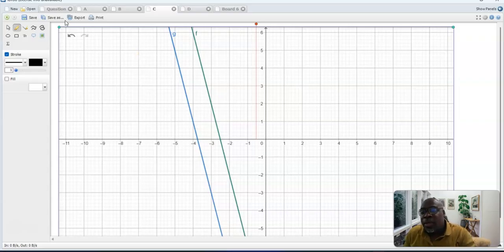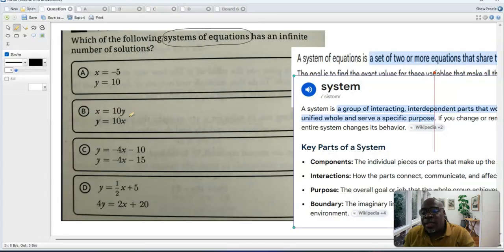Let's go back to what the question asks us. The question asks, which of the following systems of equations has an infinite number of solutions? We know now that C is not a system of equations, so it's out. We have to look at the word infinite there.